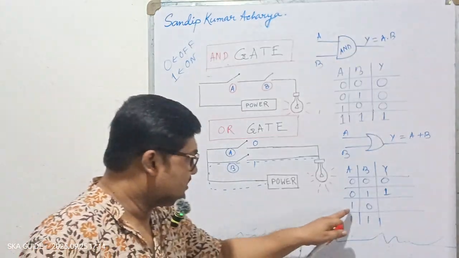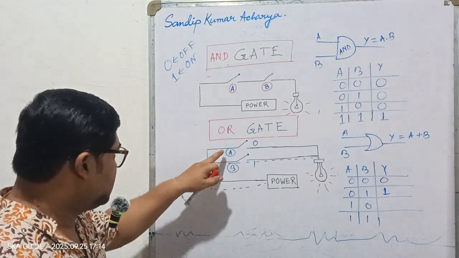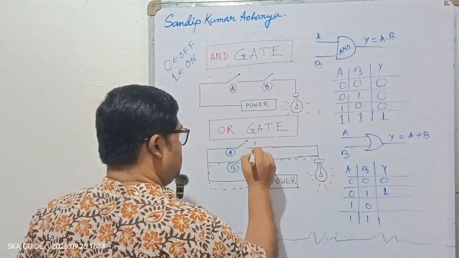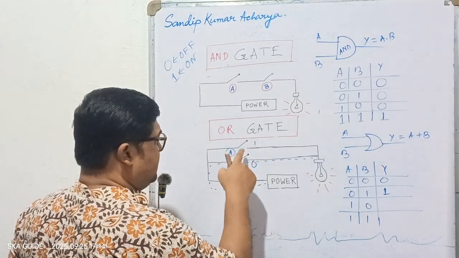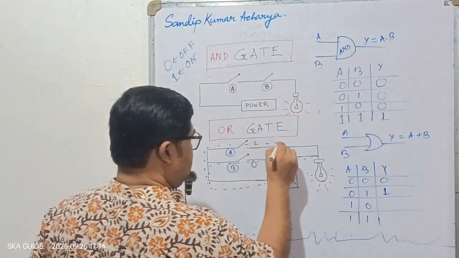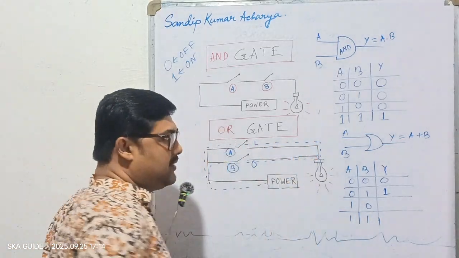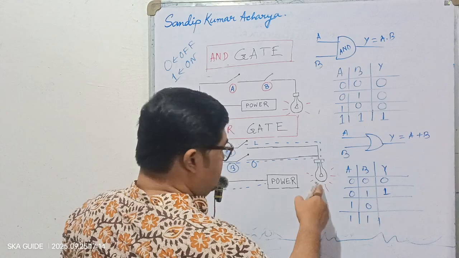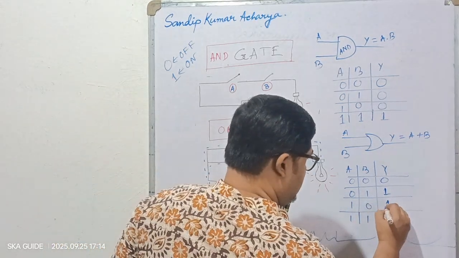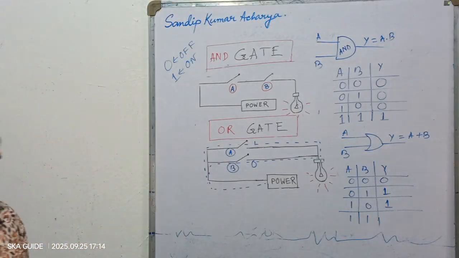Similarly, if you think 1 and 0, this is 1 but this is 0. So this is not connected but this one is connected. So the current supply can reach the bulb via this line, and the light will glow. So you have a high output here also.